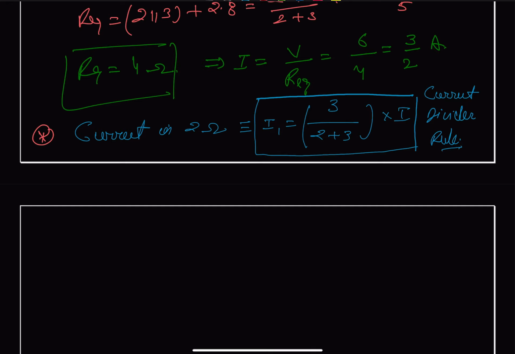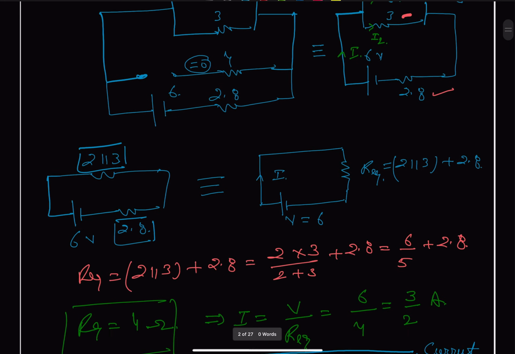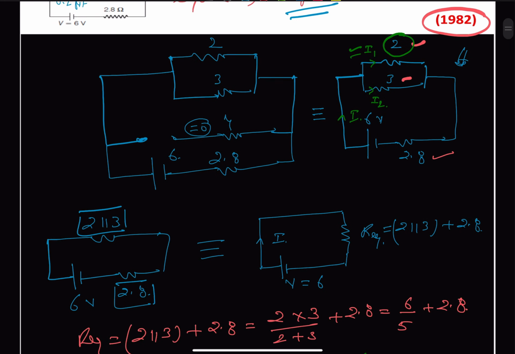Okay. And it is quite easy to remember also. Suppose in this case we are interested in finding out the current I1, and this current divider rule is being used here when 2 and 3 are in parallel. So this current I1 will be equal to total current I multiplied by the resistance through which we are not going to find out the current.